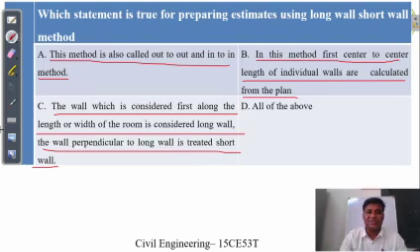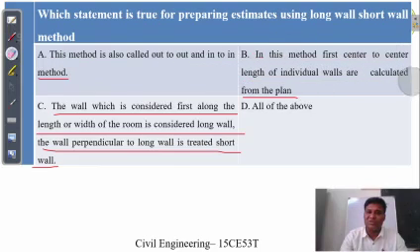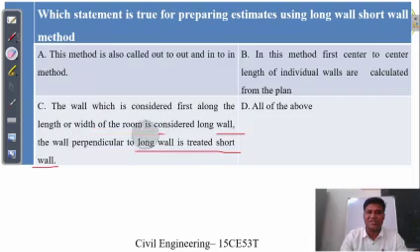As I told you in the beginning, when you receive the plan, first you have to calculate the center line. Then you calculate the long wall and short wall lengths as out to out and in to in, and then you nominate the long walls in either x or y direction, and the walls perpendicular to them will be in the other direction. So all of the above statements are true.